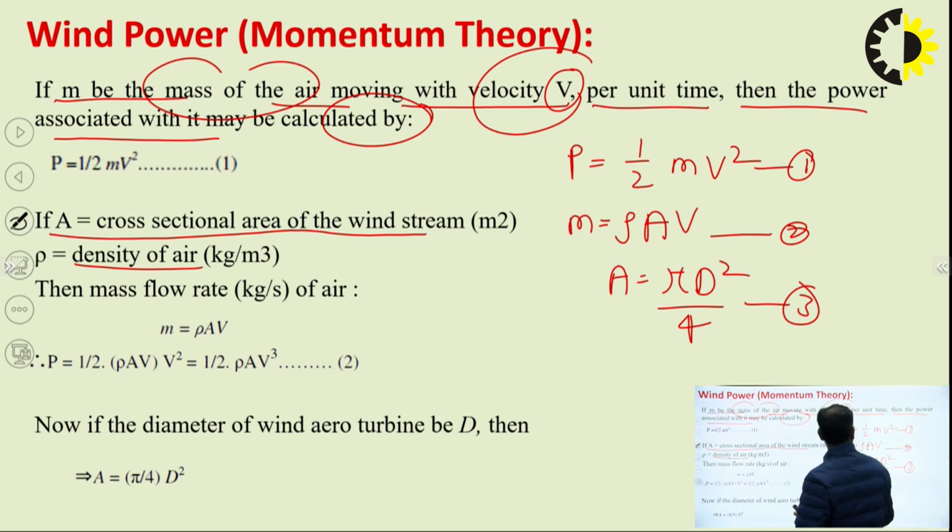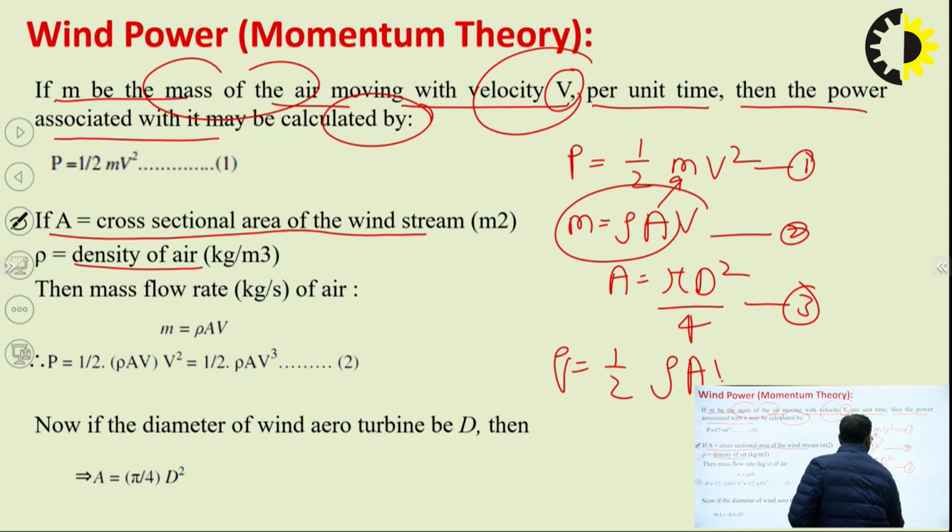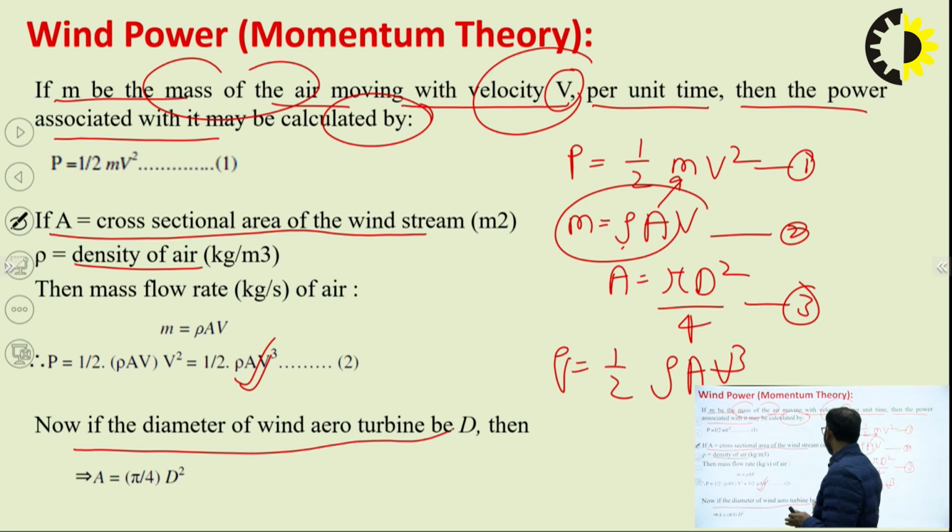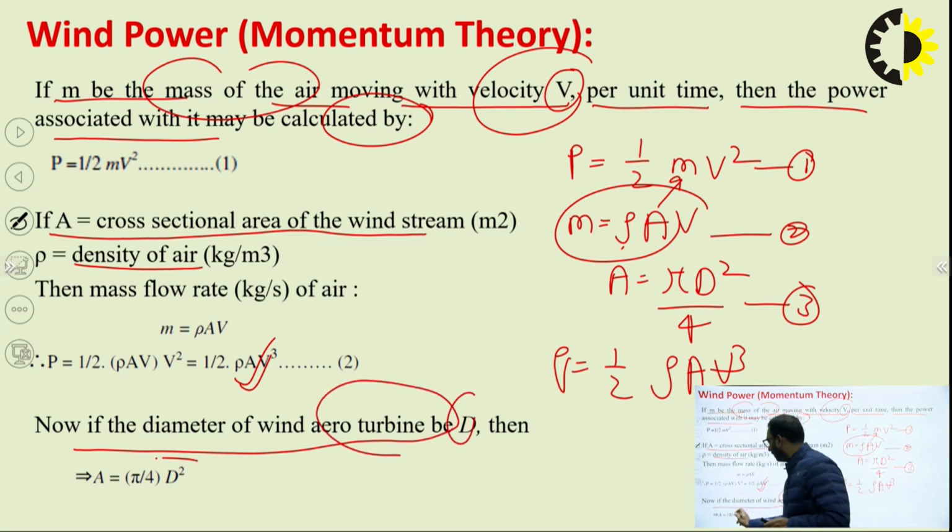By putting the value of m in equation number 1, we will get P is equal to half rho A V cube. Now, if the diameter of the wind turbine is D, then A is equal to pi d square by 4.